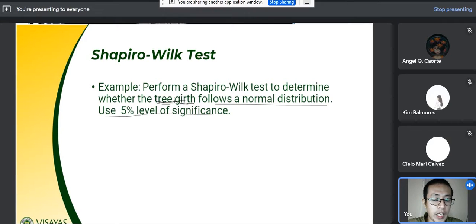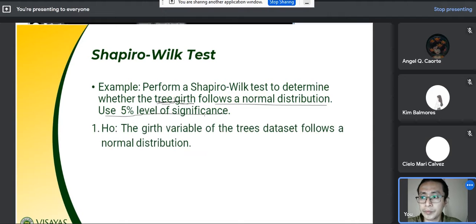Which variable are we trying to identify whether it follows a normal distribution or not? Okay, it is the girth of trees. Therefore, when we state our null hypothesis, we should state that the girth variable of the trees dataset follows a normal distribution. Because our null hypothesis is a statement of normality in this example. It's a statement that this variable follows a normal distribution.